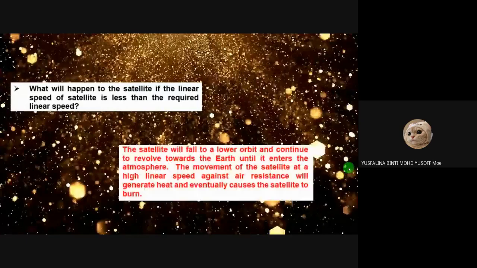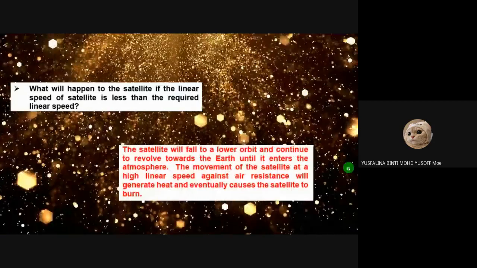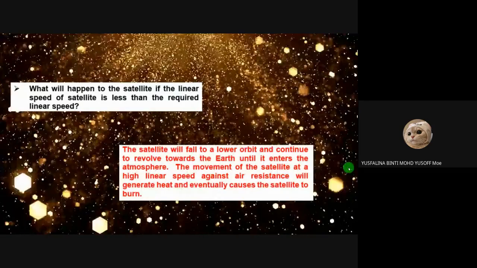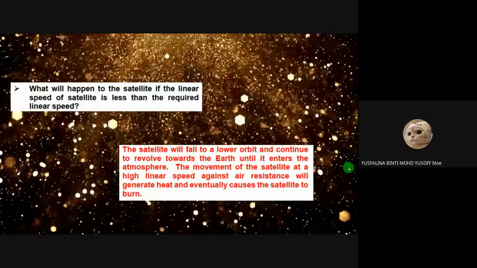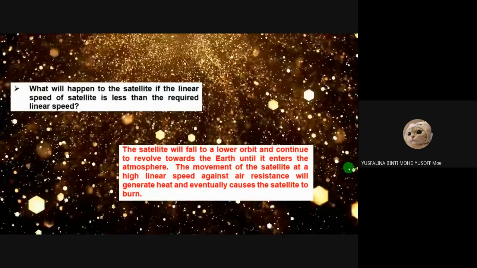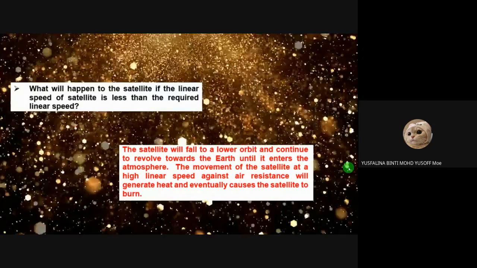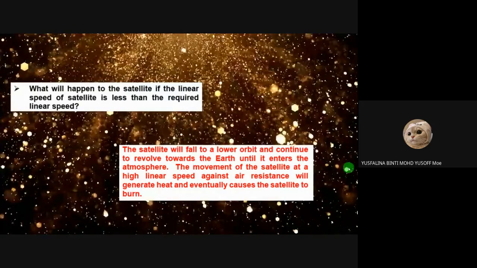Okay, so the satellite will fall to a lower orbit and continue to revolve towards the Earth until it enters the atmosphere. So the movement of the satellite at a high linear speed against air resistance will generate heat and eventually cause the satellite to burn.